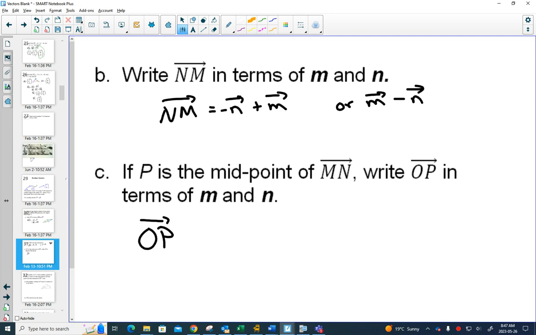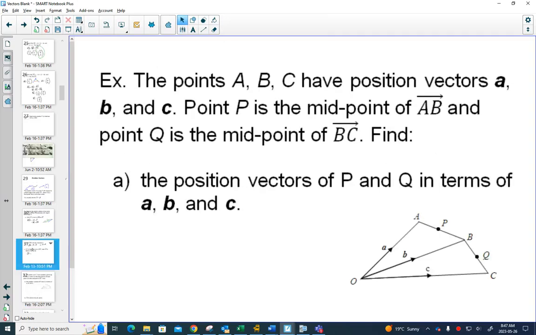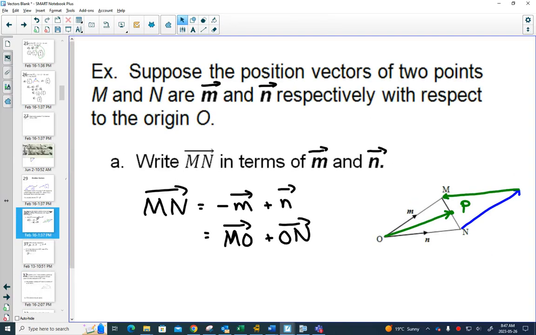I could go, right, if I imagine myself going along here, what can I do? Well, obviously, I could travel from O to M. That's no problem. If I can get to P, then I'd be fine.